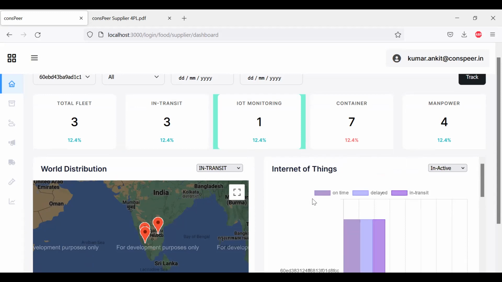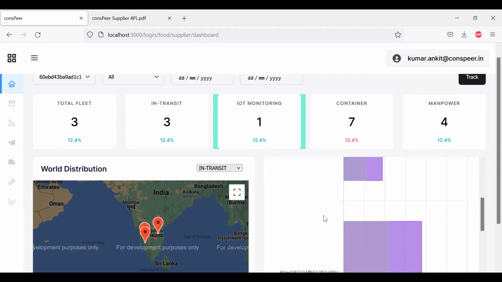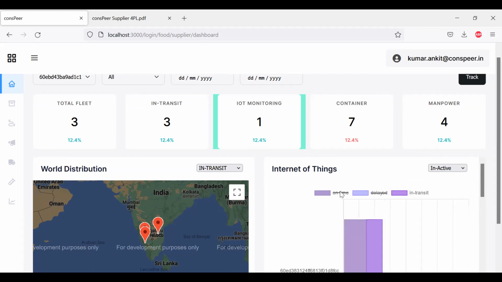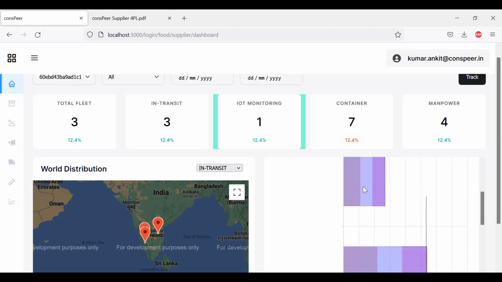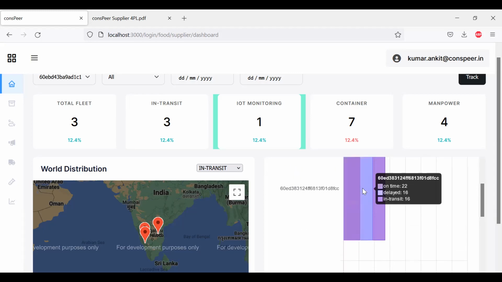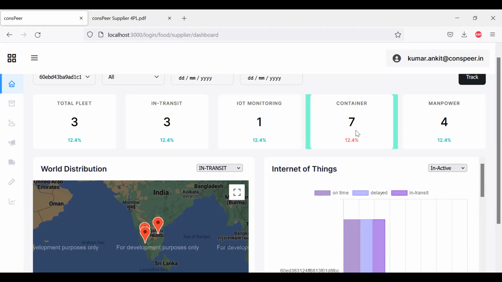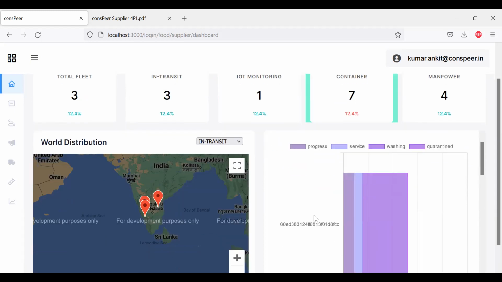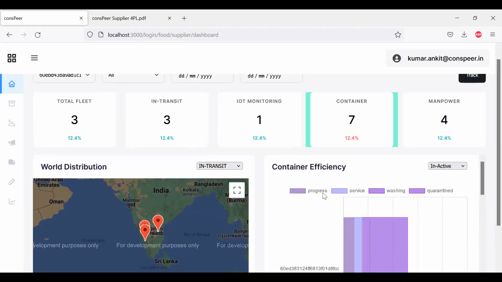So out of those devices which are on time, delayed, in transit, you get the comparative analysis among the existing ones, individually, together, summation-wise, so it is giving you real data. And then on containers, you're getting the efficiency: in progress, service, washing.